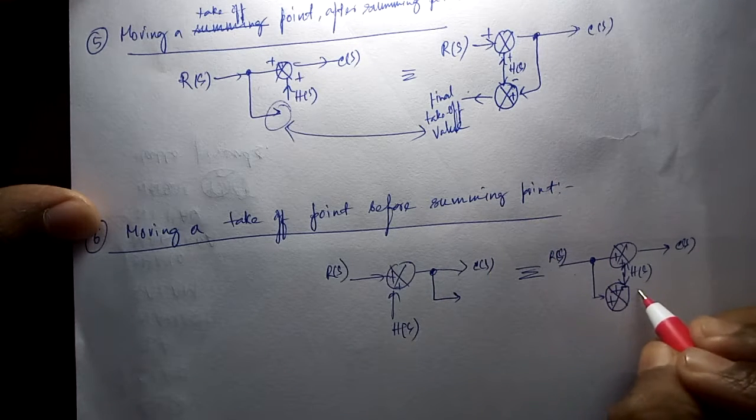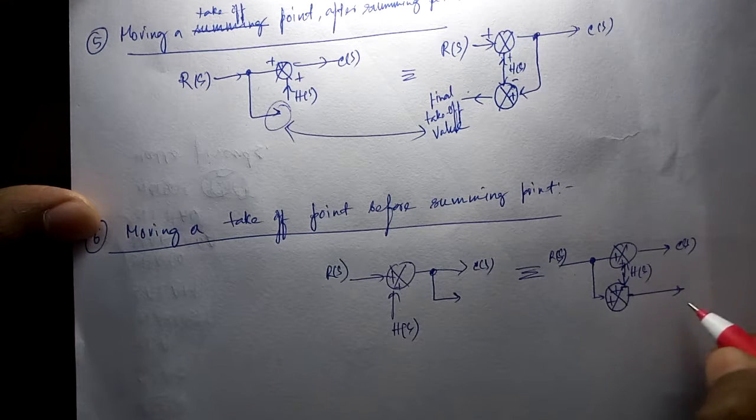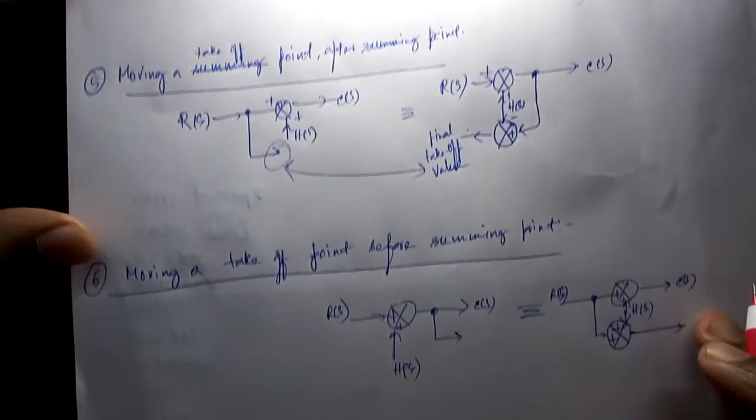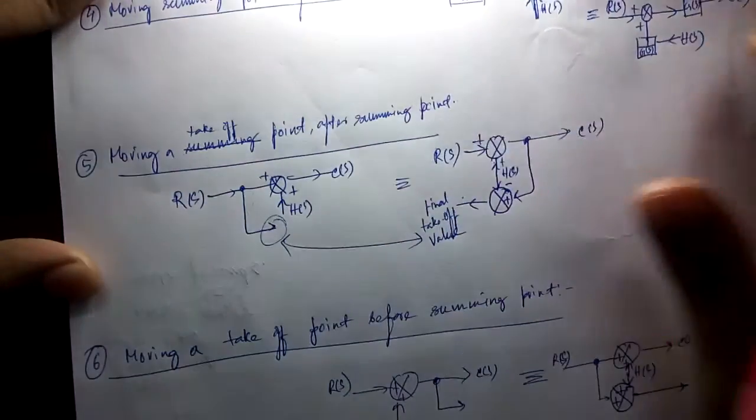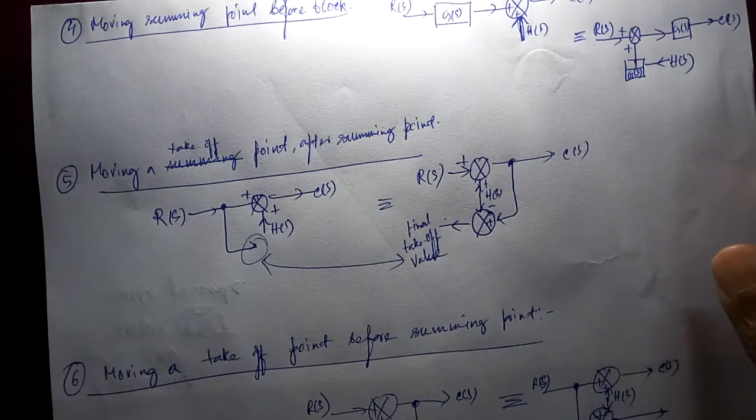Now we have to add the value of HS, then we get RS plus HS in this path. So I think you have understood all the 6 procedures by which we can simplify any huge block diagram representation, and this is the way to reduce any block diagram.